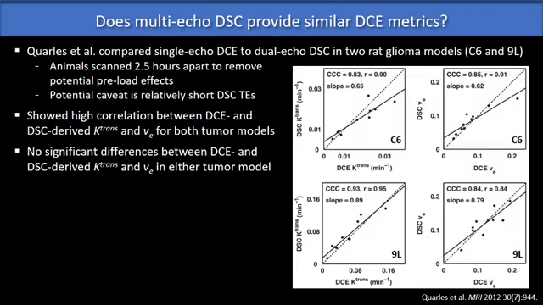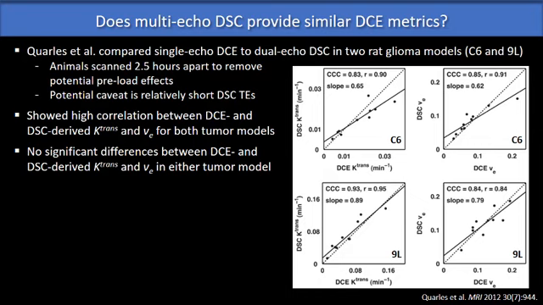So a question that always comes up is, do we really get the same information, the same answer when we do a multi-echo experiment compared to a single echo? So this was tested in 2012 in 2 rat glioma models with a single echo DCE experiment and then a dual echo DSC experiment. The animals were scanned several hours apart so that we don't get any confounding preload effects.